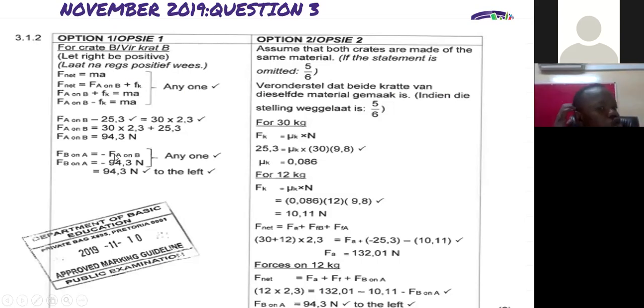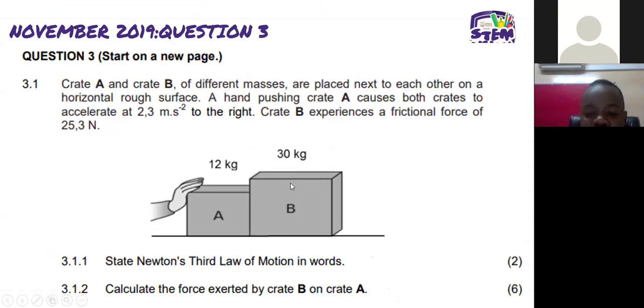How do I know that? Because the forces acting on B, the normal and the force of gravity, are balanced.